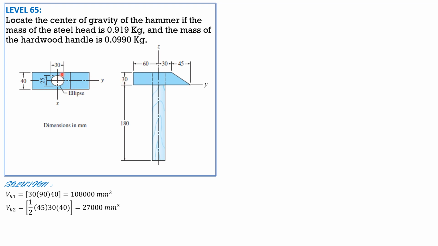So pi times 15 by 12.5, half of these dimensions, times 30. And it is treated negative, because it is to be removed. So negative pi times 15 times 12.5 times 30, negative 5,625 pi cubic mm. So volume of hammerhead is 108,000 plus 27,000 minus 5625 pi.